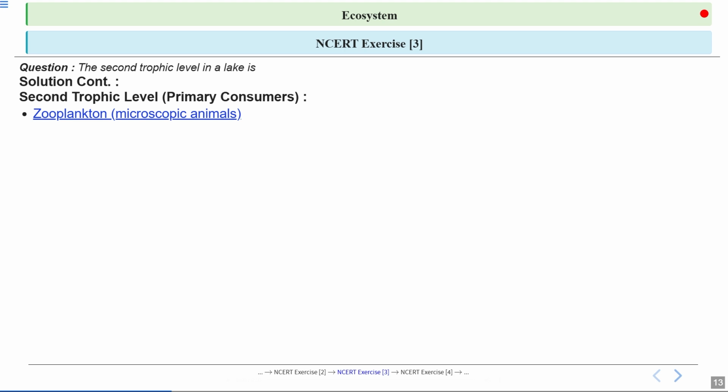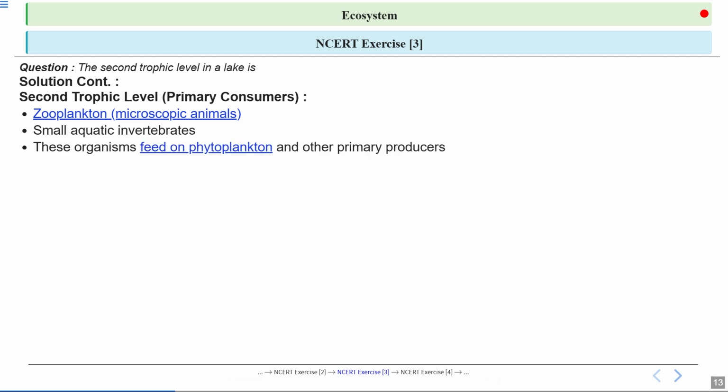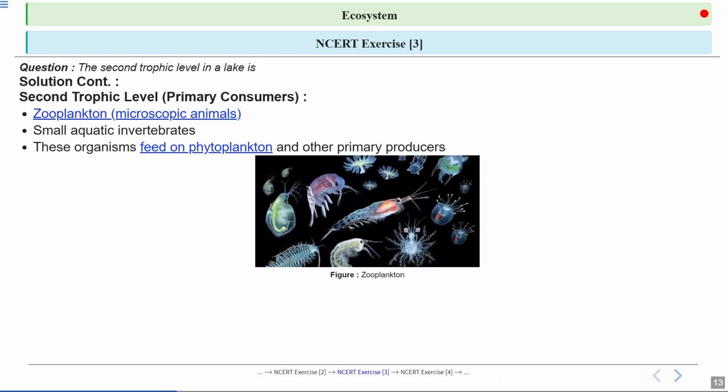So these zooplankton are themselves food for the small fish and other aquatic animals. So second trophic level is occupied by the zooplankton. They are small aquatic invertebrates, and these organisms feed on phytoplankton and other primary producers. Here is an image showing you zooplankton. So they are animal-like organisms.